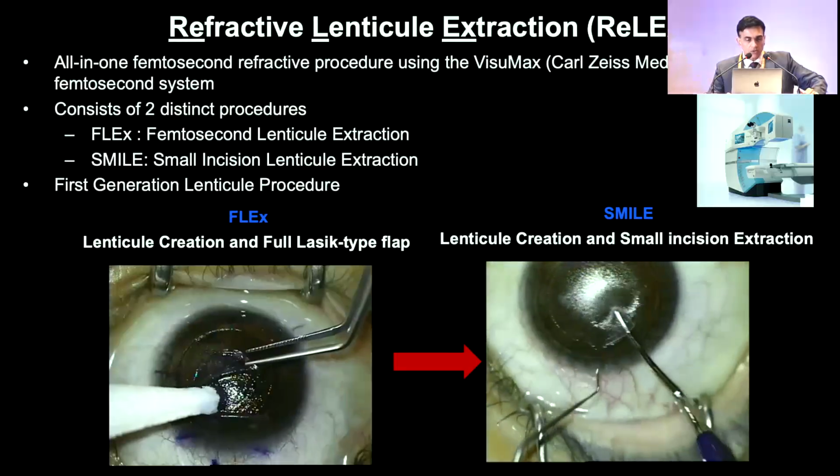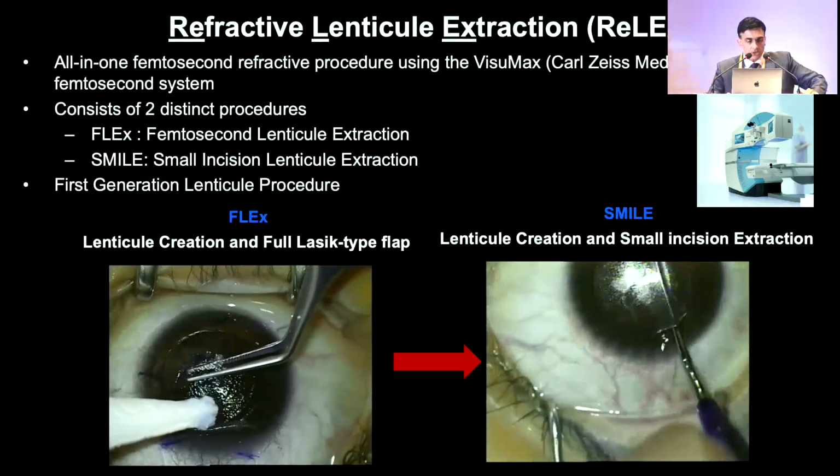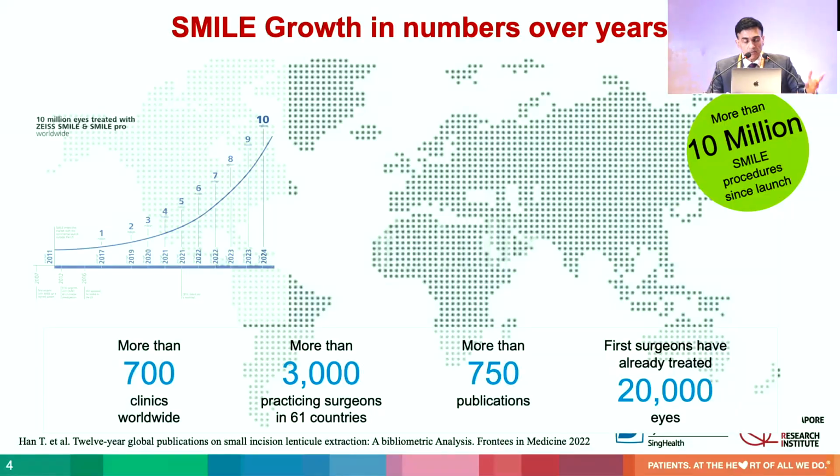You've seen over the years how the number of SMILE procedures has grown. Last year, as Achal mentioned, was a significant year. In fact, there have been 10 million SMILE procedures performed around the world. It's quite amazing, to be frank, that you could get to 10 million. If you look at the curve on the left-hand side, in the early days, between 1 million and 2 million, it took a huge number of years. And then there's been a sudden exponential increase up to 10 million.